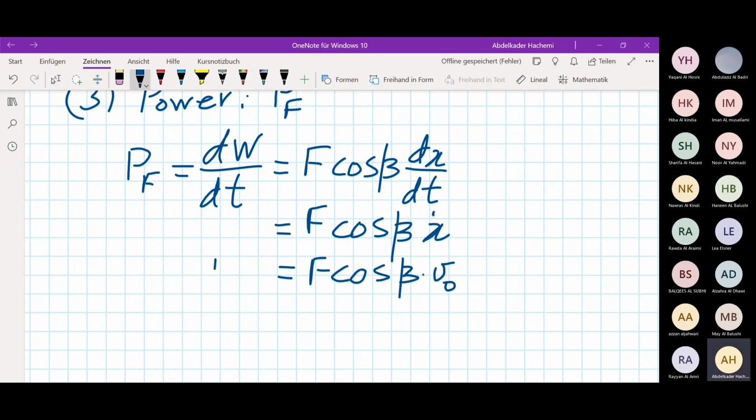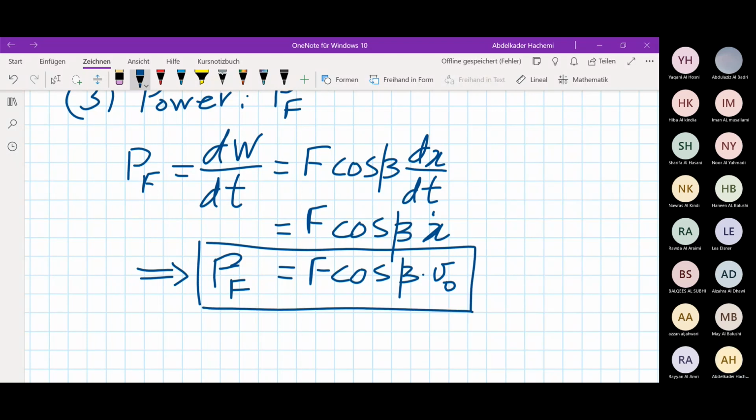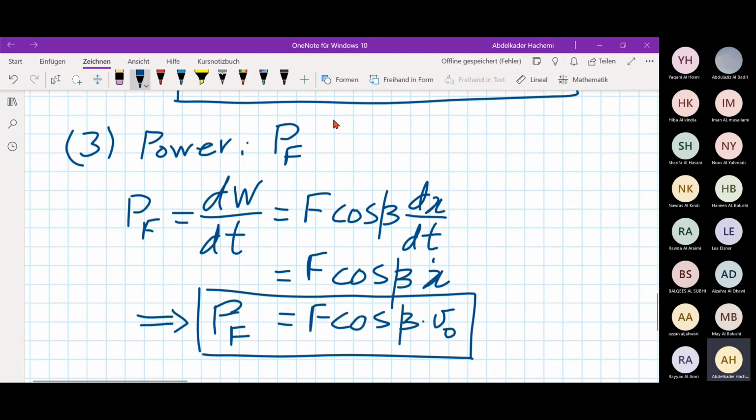This is now P, the power generated by the force F.